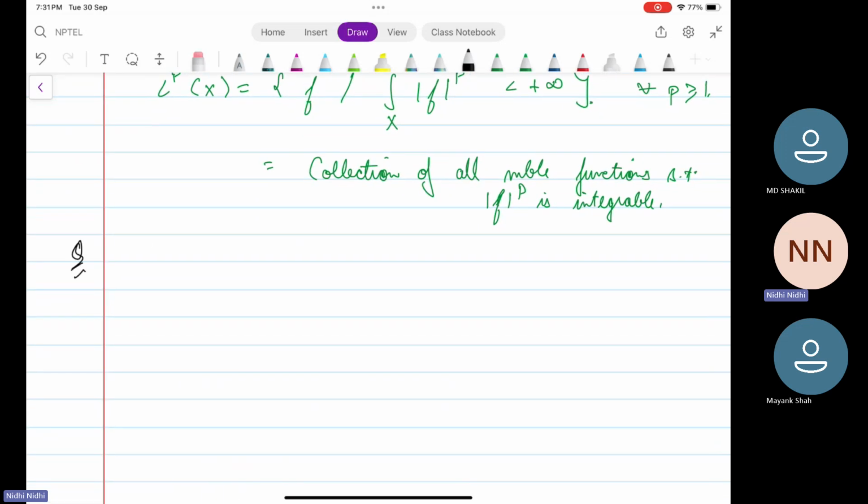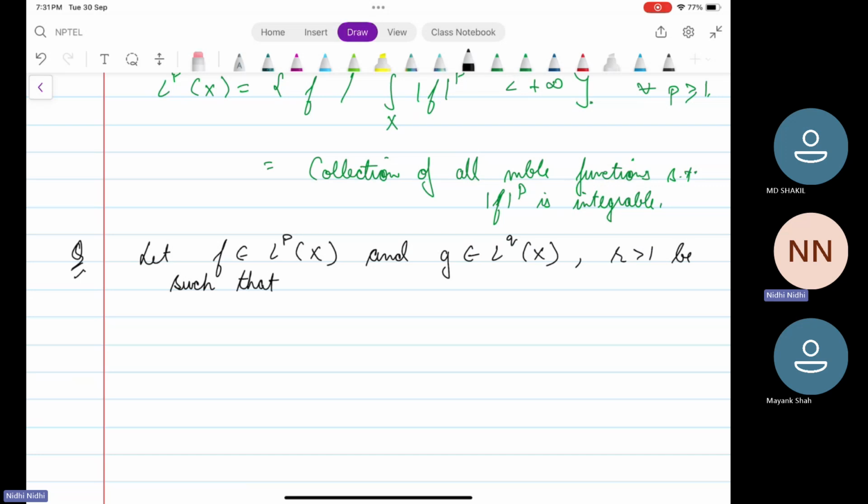Question: let f belong to L^p(X), that means mod f to the power p is integrable over X, and g belong to some L^q(X), that means mod g to the power q is integrable over X. Let r greater than 1 be some real number that satisfies the condition 1 upon p plus 1 upon q is equal to 1 upon r.